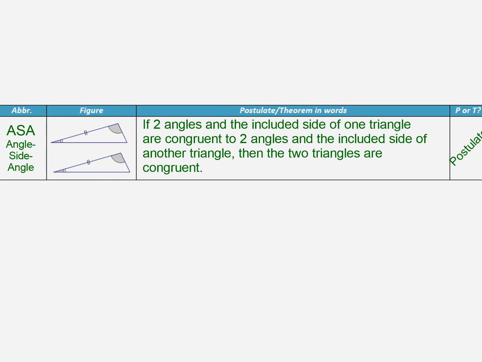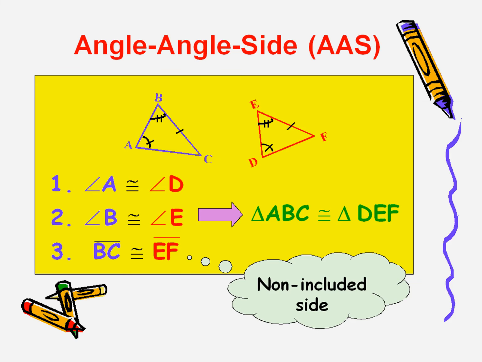The last one we'll discuss for today is angle, angle, side. Here again, order is important. This time we have two angles but a non-included side. So we have angle A and angle B and then a non-included side, not the one between the two angles like in the last example, congruent to two angles and a non-included side. If you know that information, you know the triangles are congruent.